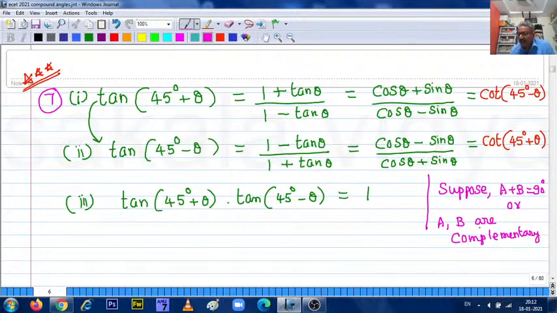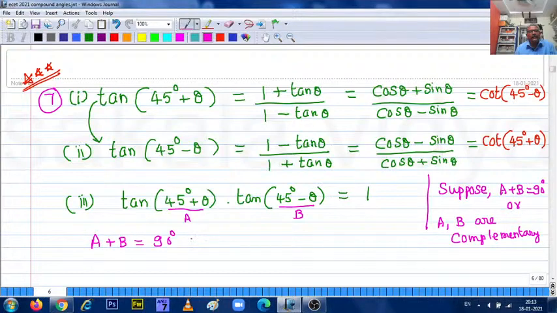That is called complementary angles. If a plus b is equal to 90, check here: if you add a plus b, theta cancels, and you will be getting 90 degrees itself.